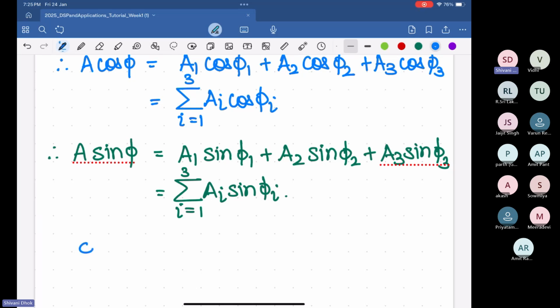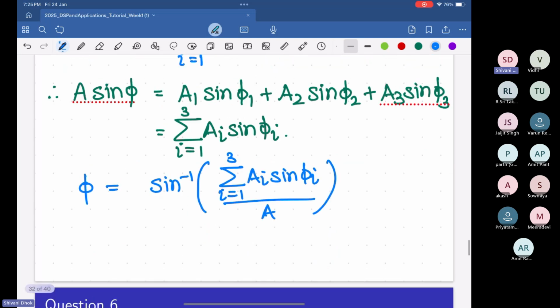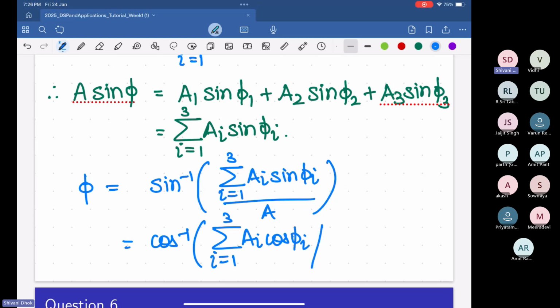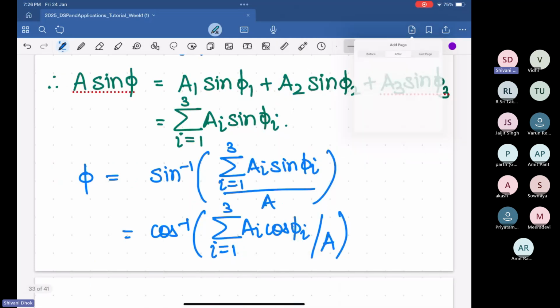So we can obtain this phi as sine inverse of summation i equal to 1 to 3 Ai sin phi i divided by A, or this we can also write as cos inverse of summation i equal to 1 to 3 Ai cos phi i divided by A. And if I take the ratio of A sin phi upon A cos phi, I'll get tan phi.